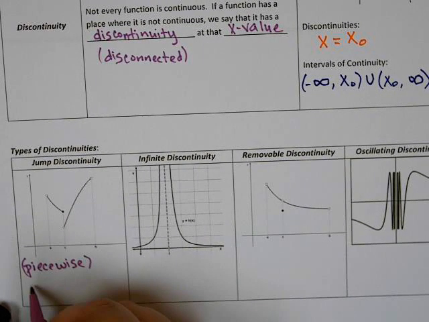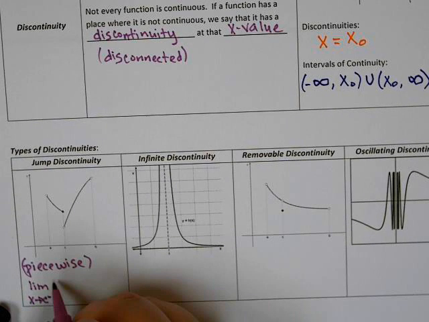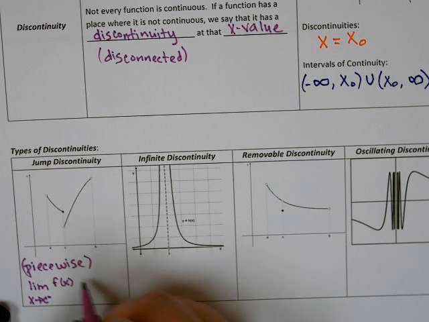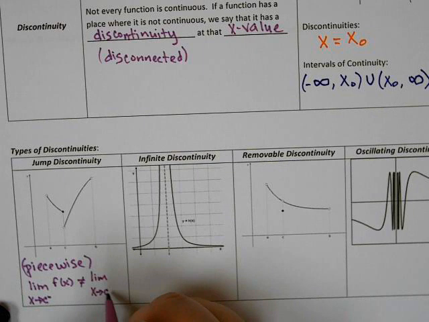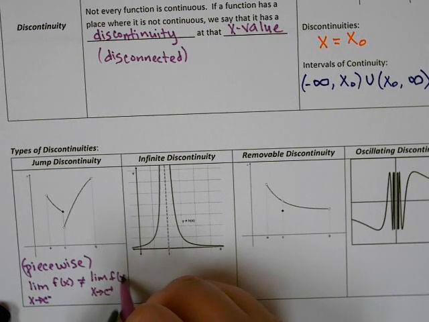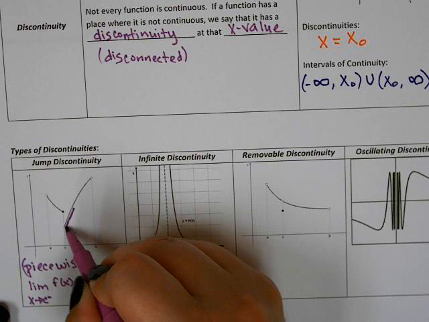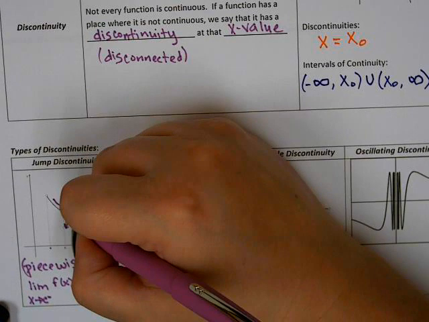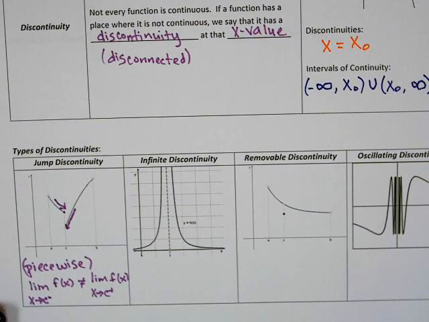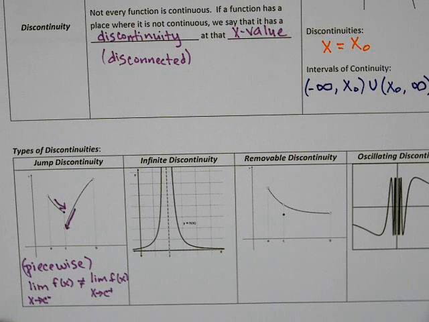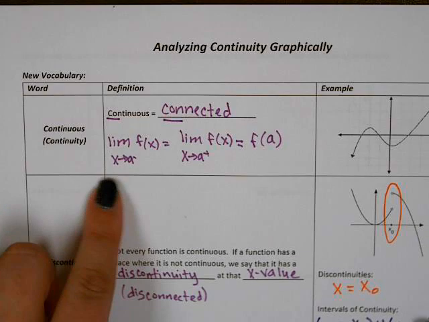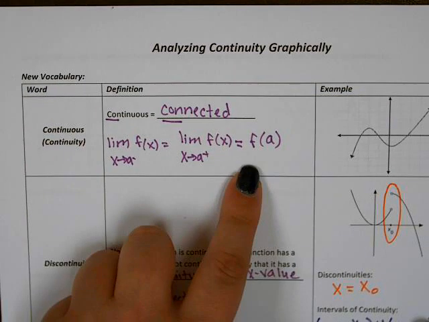We can also see that the limit as x approaches c from the left of f of x is not equal to the limit as x approaches c from the right of f of x. Those two values don't equal each other. So once we get that two of these things don't equal each other, we don't even have to check the third one. This big idea, the left limit equals the right limit equals the function value, is what we're going to be checking every time we're checking for a discontinuity.